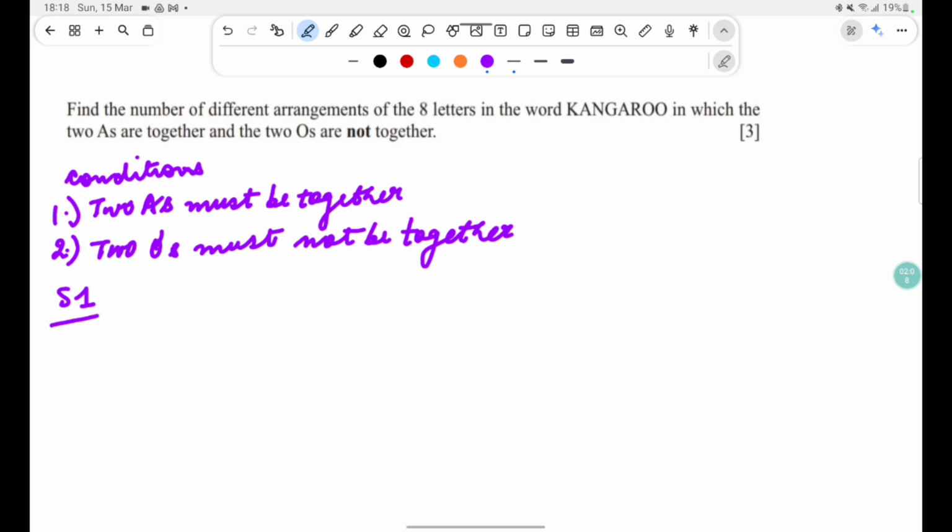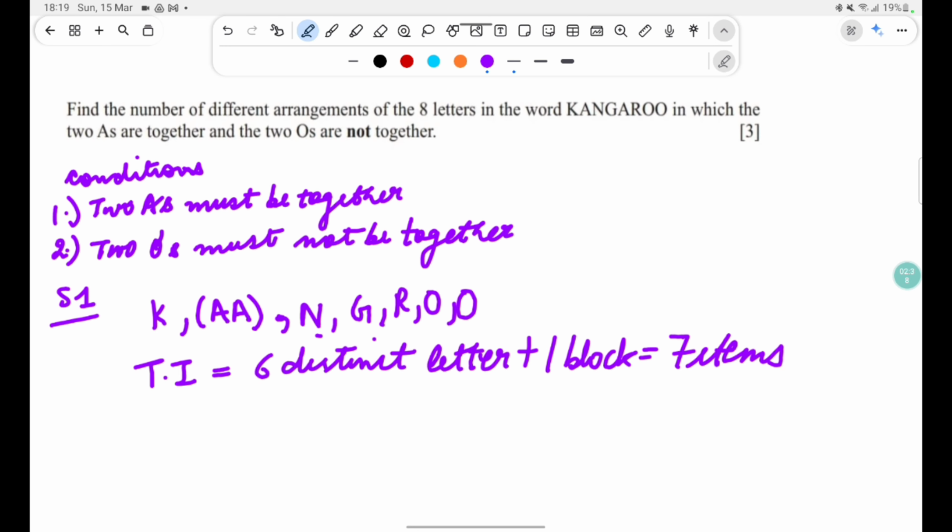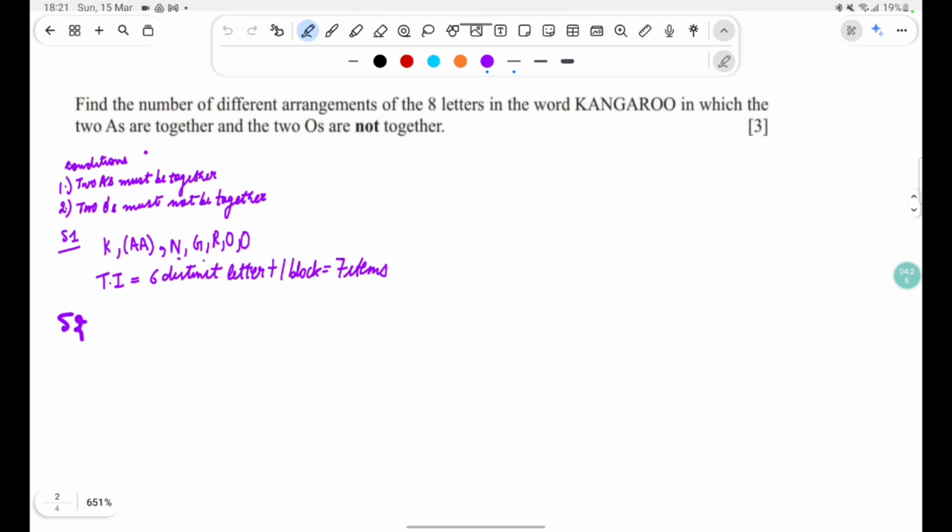So total items will be 6 distinct letters plus 1 block. So there will be in total 7 items. Now our step 2 is we have to arrange all items except the O's.